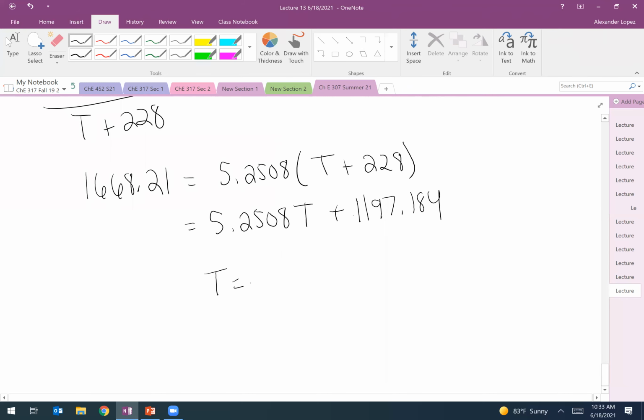If I solve that for t, I get t is equal to 89.7 degrees C.